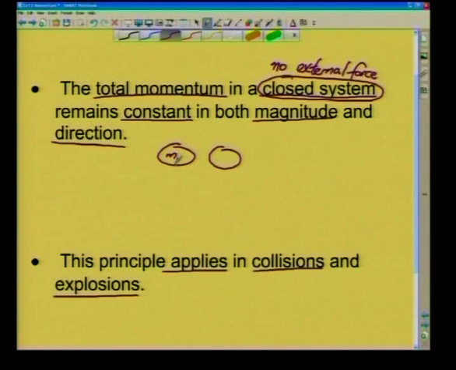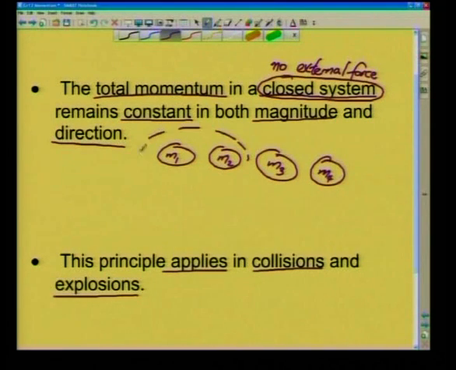So this will be object 1 with mass 1, object 2 with mass 2. There could be object 3 with mass 3, object 4 with mass 4. But this is mainly where we talk about the principle of conservation of momentum. But you can apply it to 3 or even more objects.